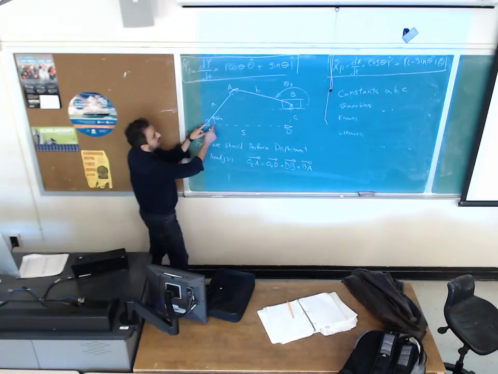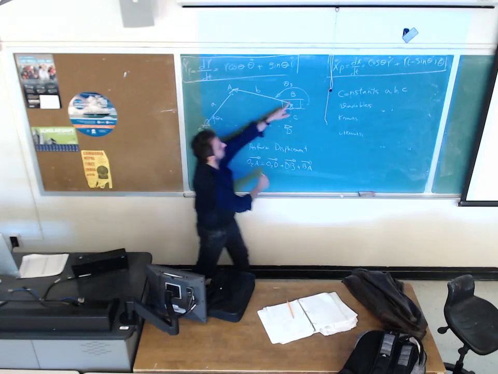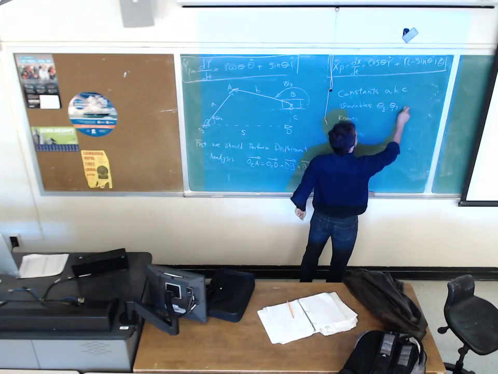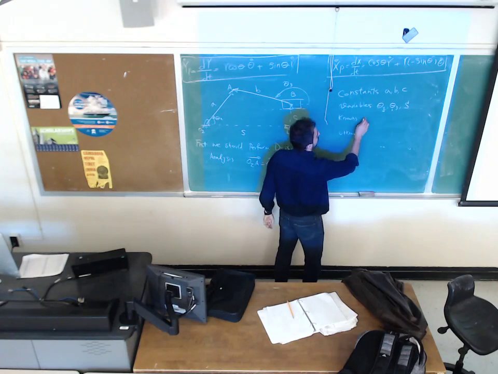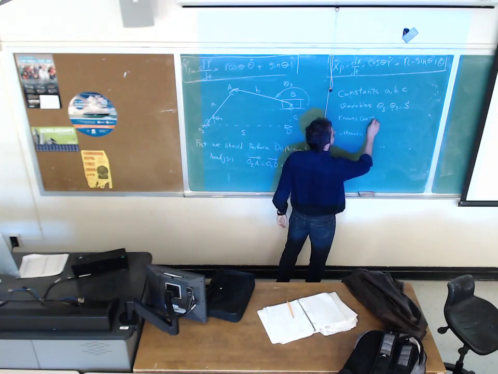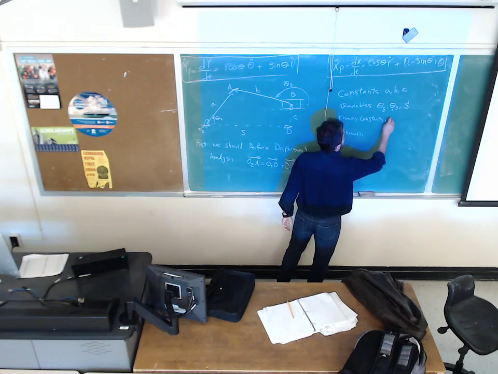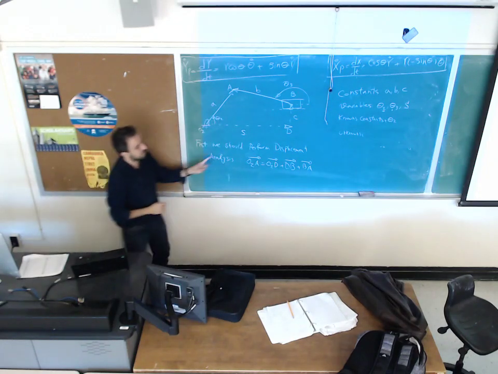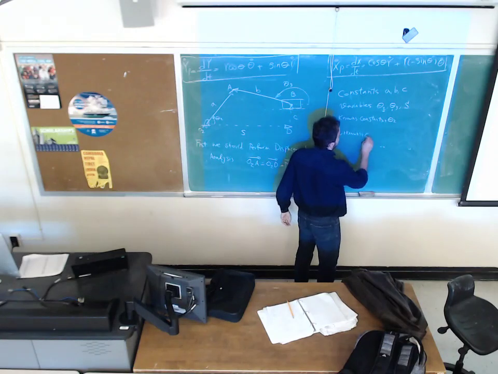Variables are theta 2, theta 3, and S. And knowns are constants plus theta 2, because degree of freedom is 1, one of the variables should be given. We solve for theta 3 and S.